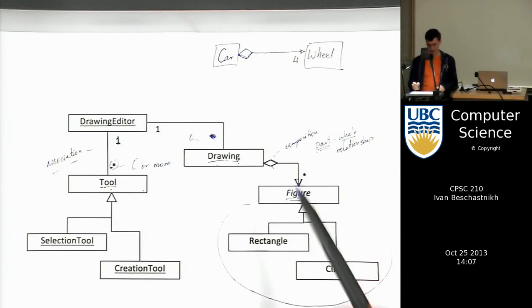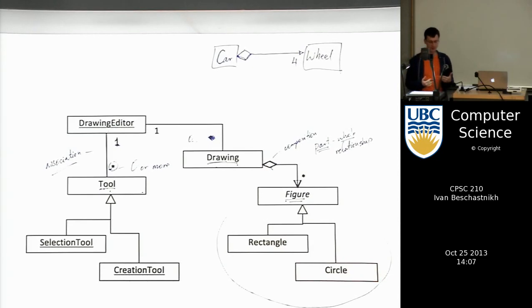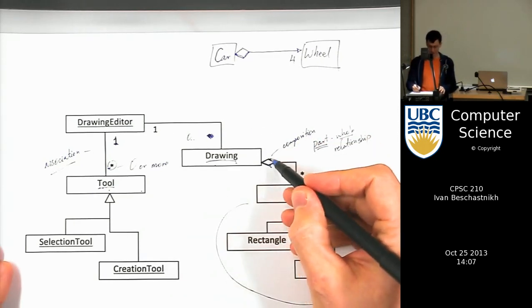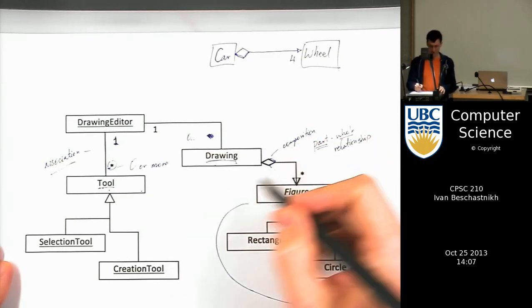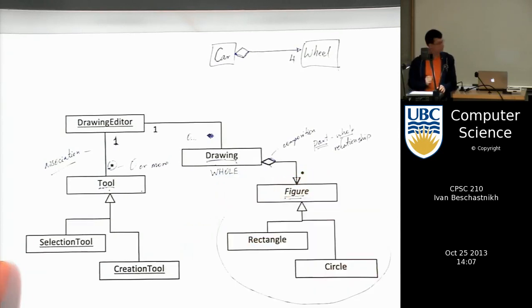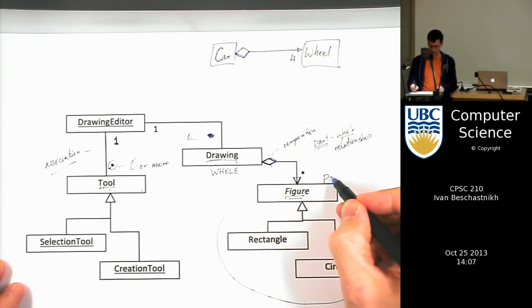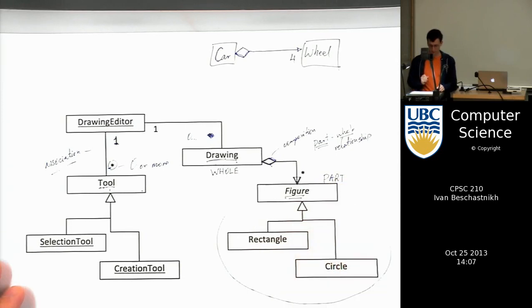Now, the second relationship was composition. And composition is a little bit strange because it differs from association in a very minor way. And the way to think about it is that wherever this funny diamond is located, this is the whole. If you can read that. So that's the whole. And then wherever it's pointing to, that's the part. So a drawing is made up of multiple figure instances.